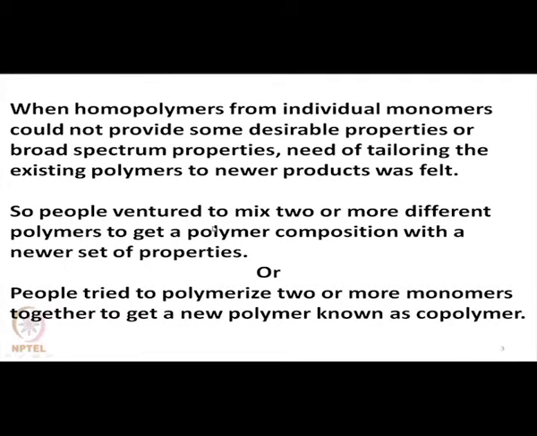So, people ventured to mix two or more different polymers to get a polymer composition with a newer set of properties, or people tried to polymerize two or more monomers together to get a new polymer known as copolymer.